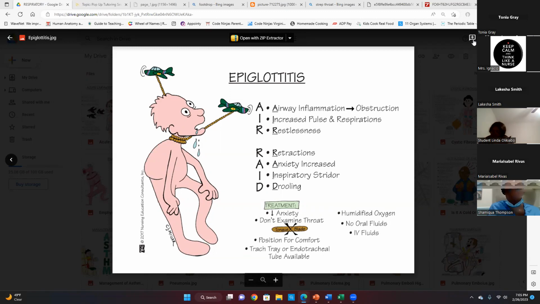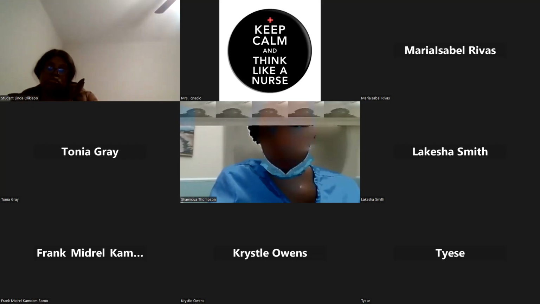Okay, I'm going to stop sharing for a second because I'm going to bring up my chest tube handout. Who can tell me anything they know about chest tube and chest tube care? Anybody know anything about chest tubes?